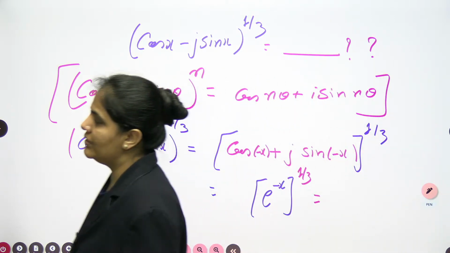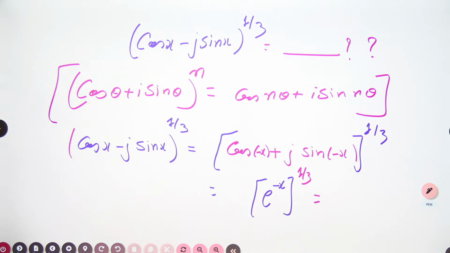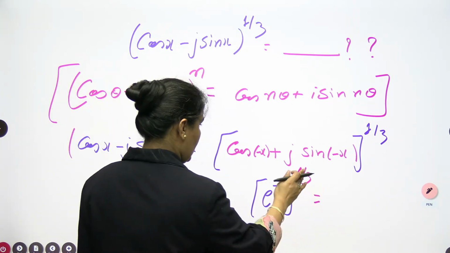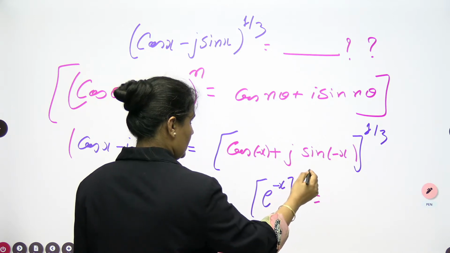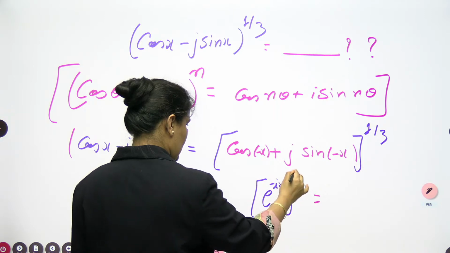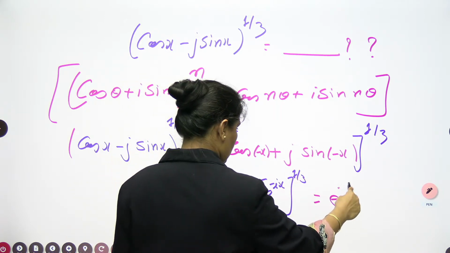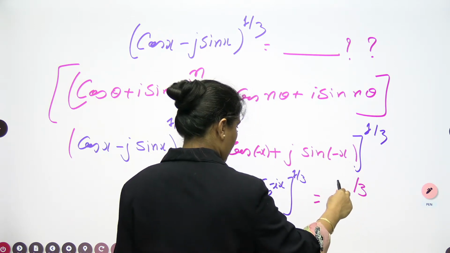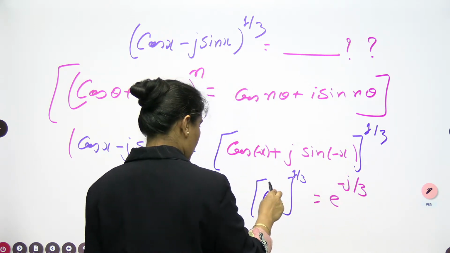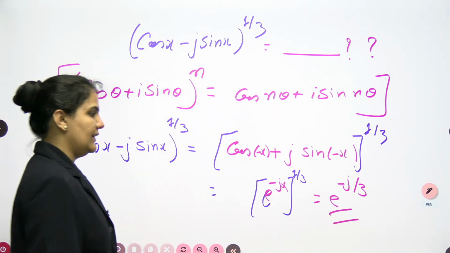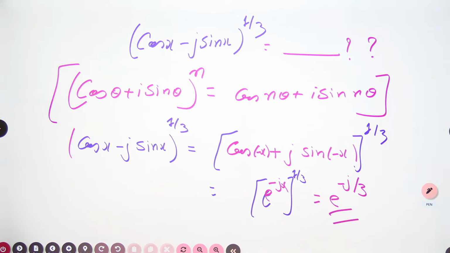So you can write down your form, ultimately: e to the power, okay, iota is also there, iota times 1 by 3 I'm having. So e to the power minus iota x power 1 by 3. So this is e to the power minus iota x by 3, or j x by 3. The notation you can use as iota or j. So this is your question ultimately, e to the power minus j x by 3.